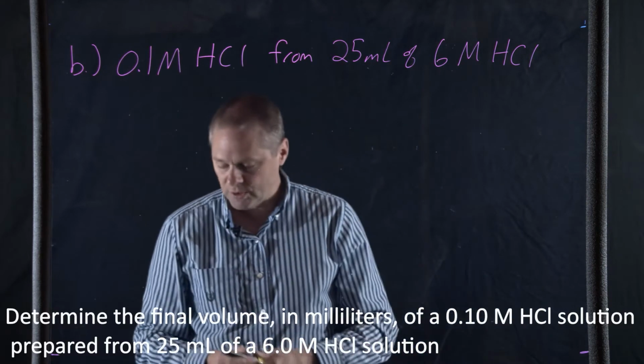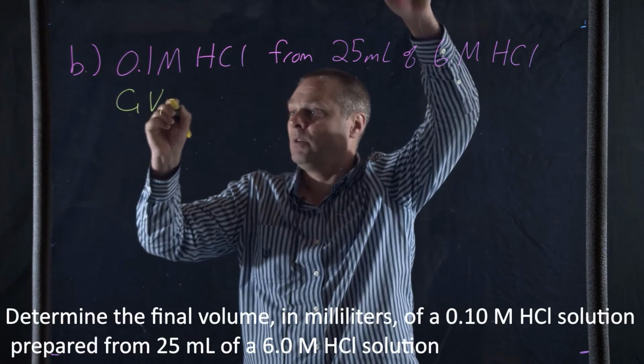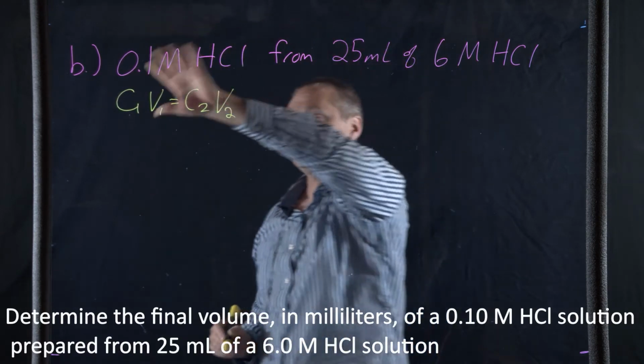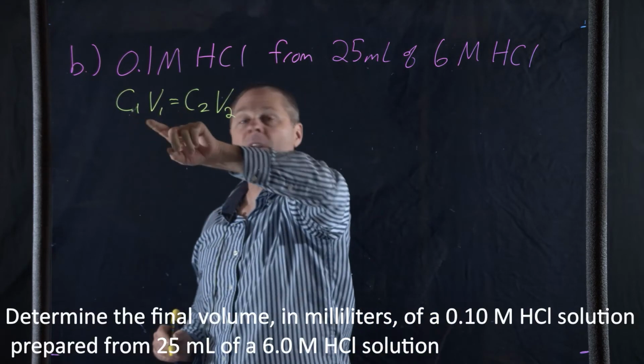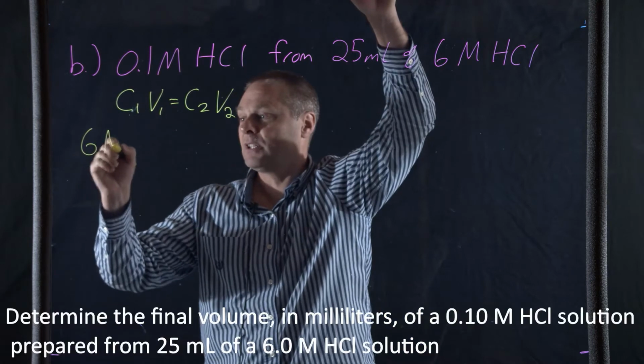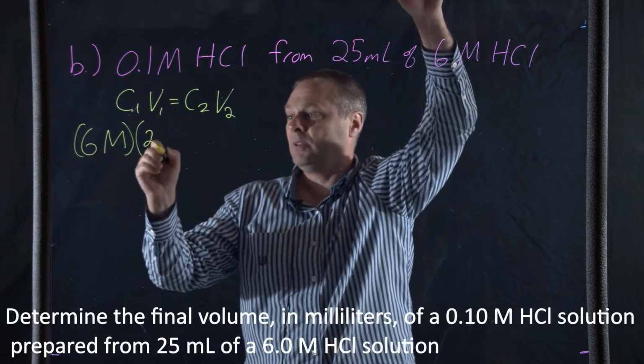So once again, we're going to use the exact same equation used before, C1V1 is equal to C2V2. Once again, C1 and V1 are going to deal with the stock. So the concentration of this is going to be 6 molar. The volume is 25 milliliters.